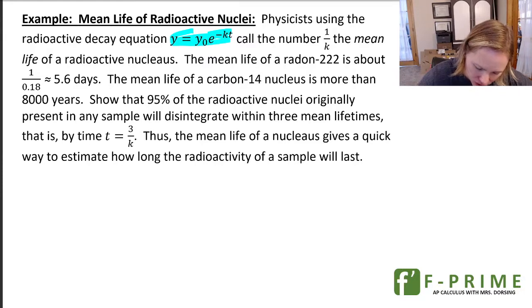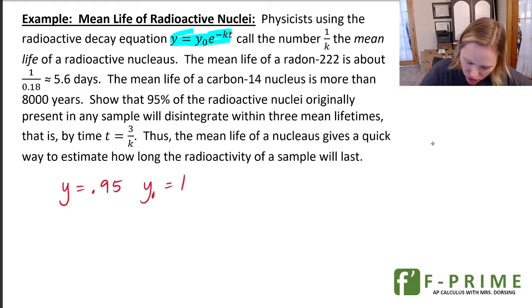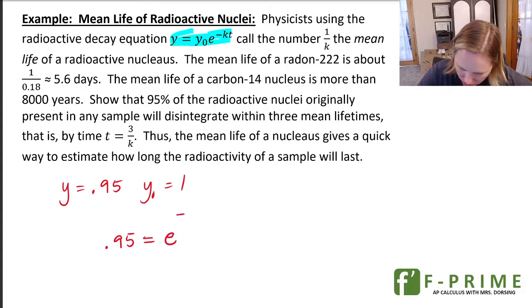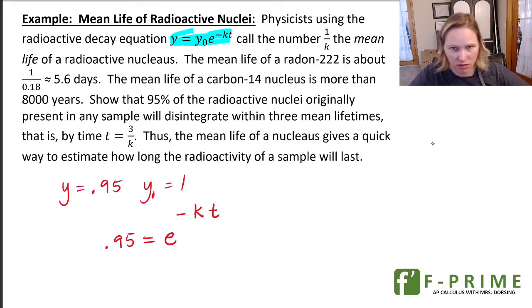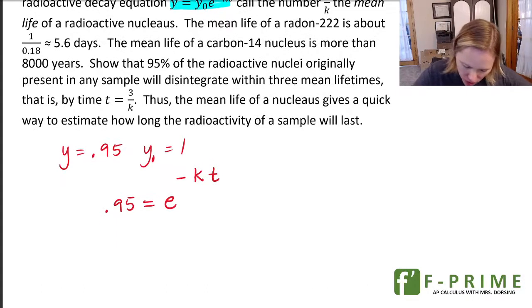So I'm going to just start with this, and I'm going to say, well, if I let y equal 0.95, then y naught was 1. So 0.95 equals 1 times e to the negative kt, right? My goal is to solve for t and get it looking like what's happening here. So I'm going to take the natural log of both sides.